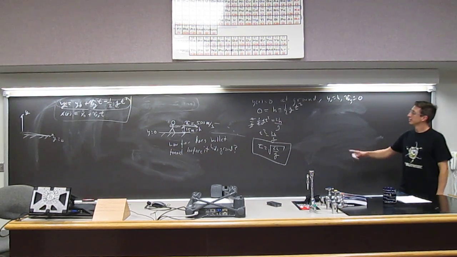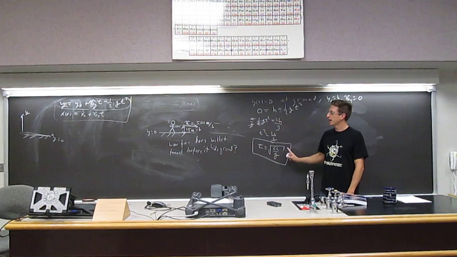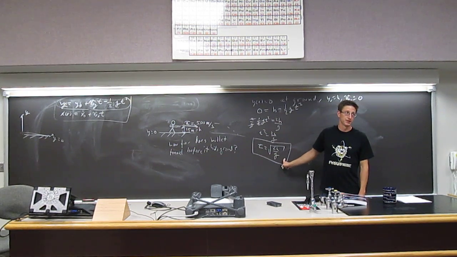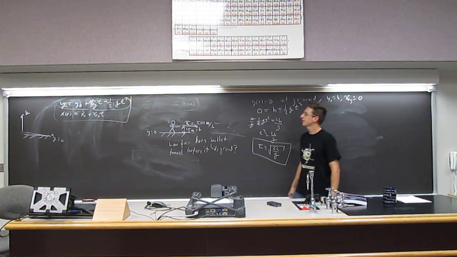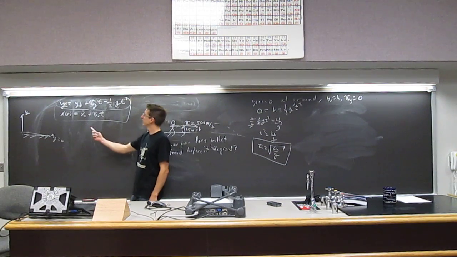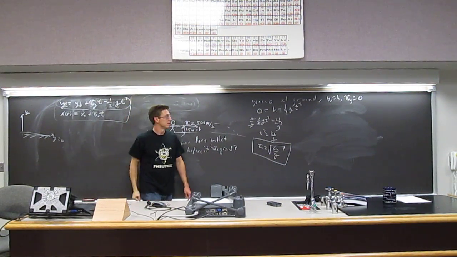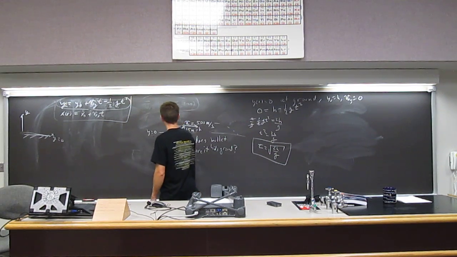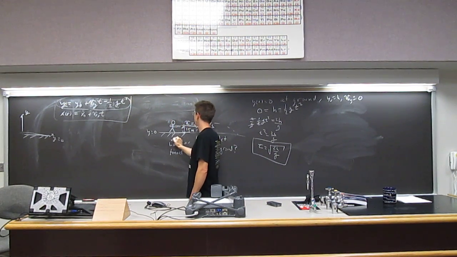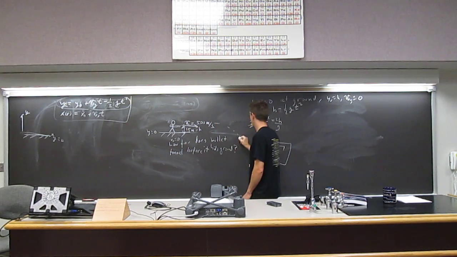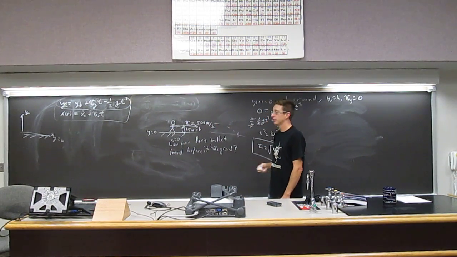All right, now we wanted to figure out how far it traveled. How far it traveled will be the distance it moved in the x direction. x naught is equal to 0, and then where it hits will be what I'm interested in.